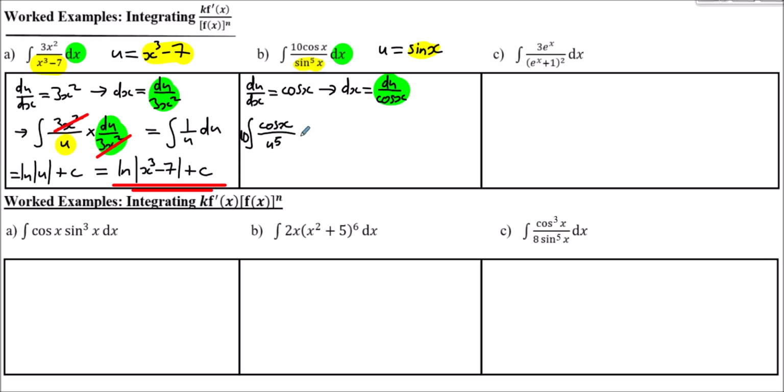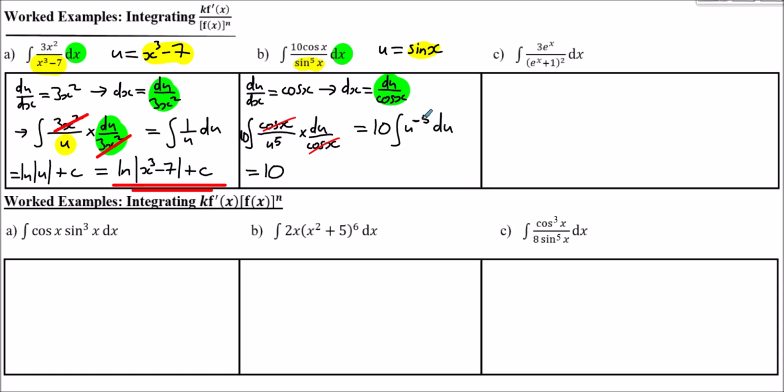And then dx, we said, is the same as du all over cosine x. So again, nice cancellations. So we're going to have 10 integral of 1 over u to the 5. In fact, I'll call this u to the minus 5 because in index form, I believe it to be easier. du. So we're going to have 10.